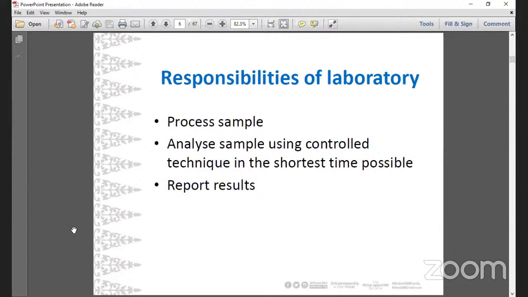So what are the responsibilities of the laboratory? The first one is to process the sample, and if possible, we must process the sample as fast as possible, and the last one is to report the result. The result must be accurate, so that it will be of benefit to the clinician.